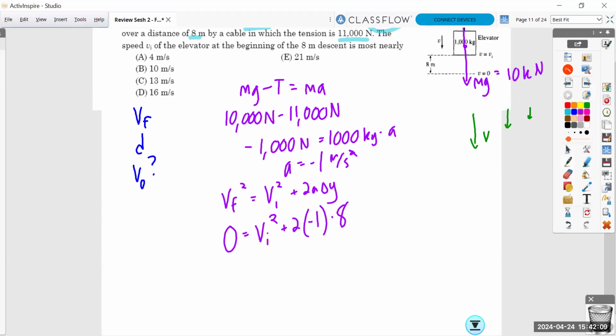So VI squared equals 16. So it starts off going 4 meters per second. If this was an FRQ, to get points you'd have to put the units. Yes, absolutely.